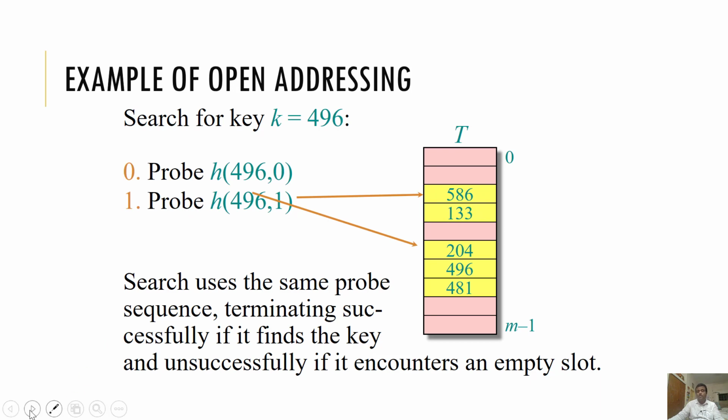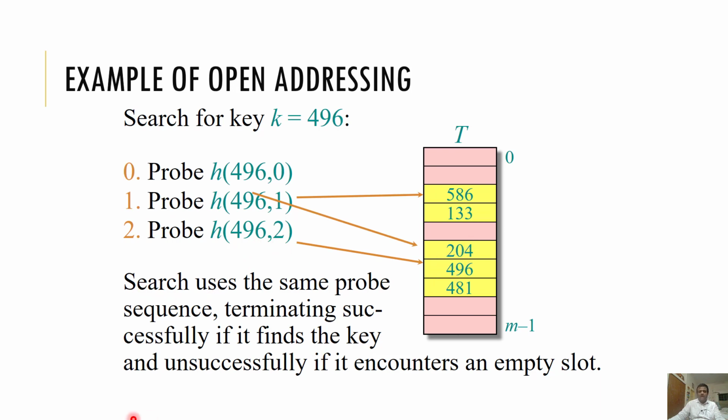We go for the next probe. This will continue until we get the record whose key value is this, or we reach an empty slot. Then we reach here, compare this value with this, and it is matching. We got the record, Eureka. This is the same probe sequence we had to follow to get the record.